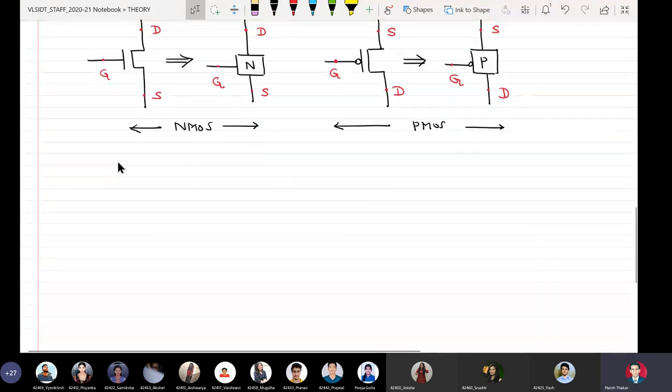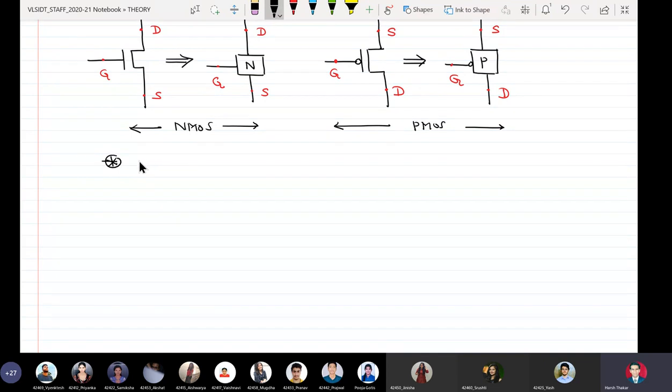I told that drain and source regions have equal doping concentrations, in the sense they are interchangeable, but still what we do is that we always show source of PMOS up.